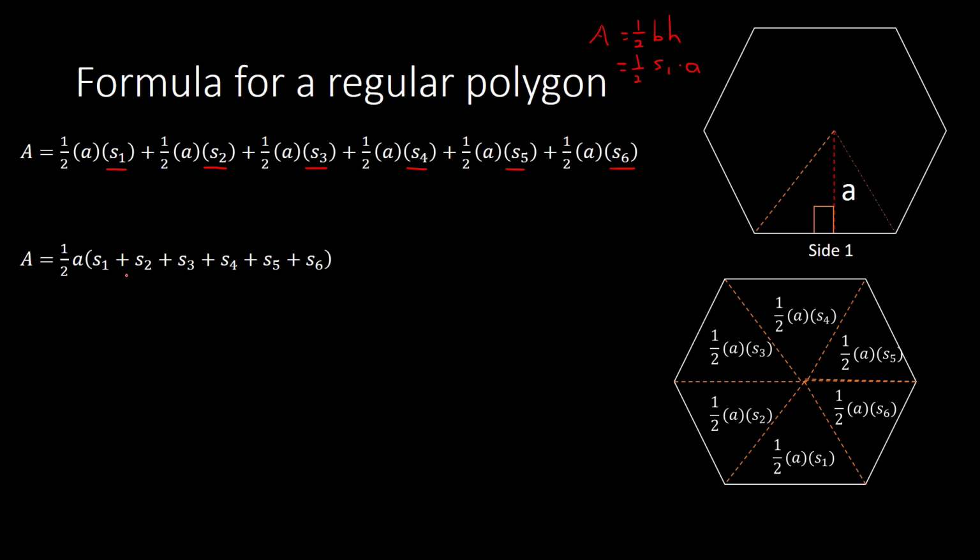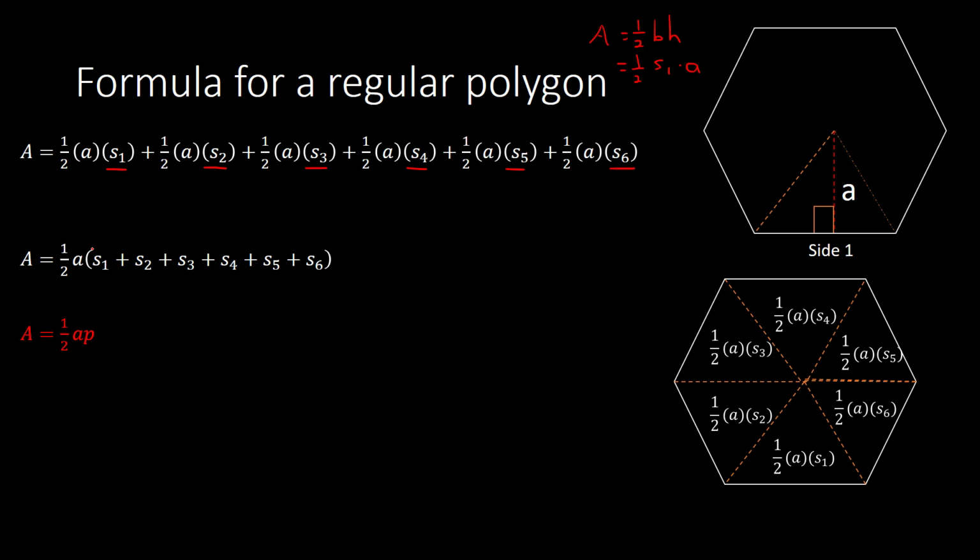So now notice that if I were to add up all of the sides, side 1 plus side 2 plus side 3 plus side 4 plus side 5 plus side 6, then that gives me the perimeter of this polygon. So I have 1/2 times the apothem, then times the perimeter to find the area. And that is my formula to find the area of a regular polygon.